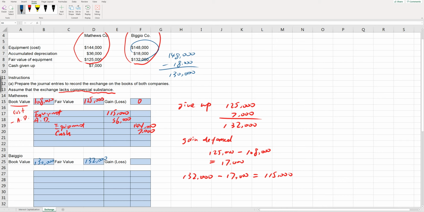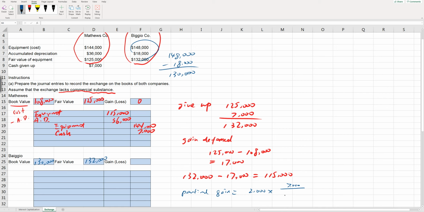Can we recognize any gains, especially when the transaction lacks commercial substance? Yes, we could. Why? Because in this case, for Viego, we are receiving cash. The company is receiving partial cash, so it has a chance to recognize partial gains in this transaction. The partial gain is determined by the total gain, which is $2,000, multiplied by the percentage of cash received compared to the value of the transaction.